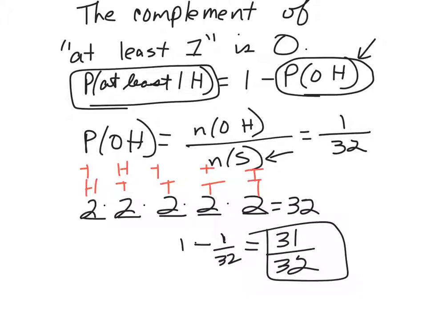The probability of getting at least 2 heads would be 1 minus those 6 out of 32, which would be 26 out of 32, or 13 out of 16. But that problem's a lot easier to see after you've done the at least 1 problem. It's a little harder to see otherwise.